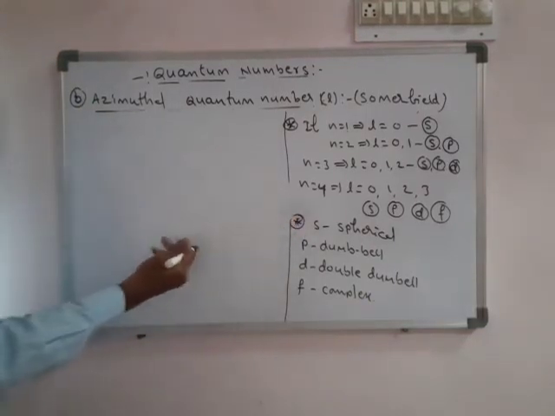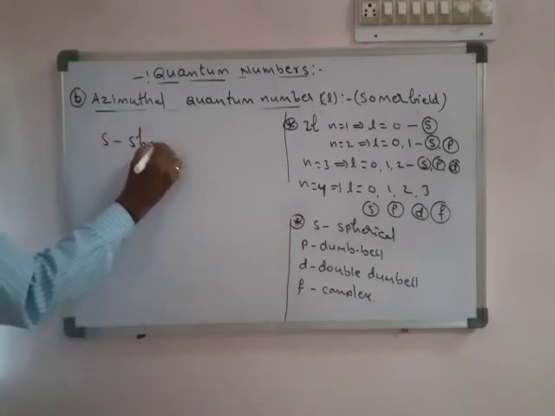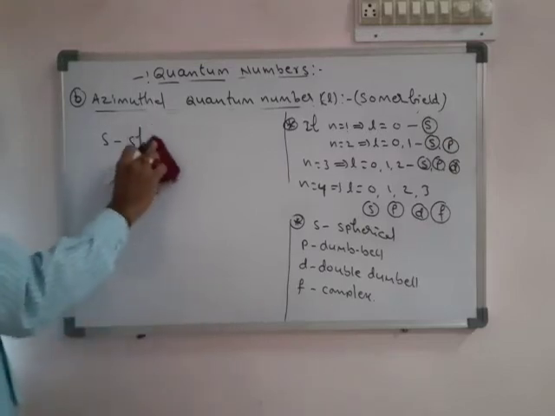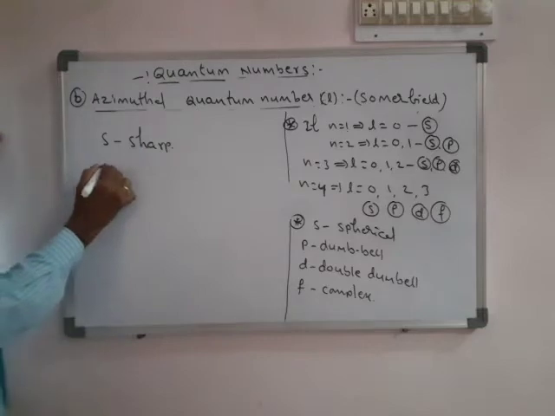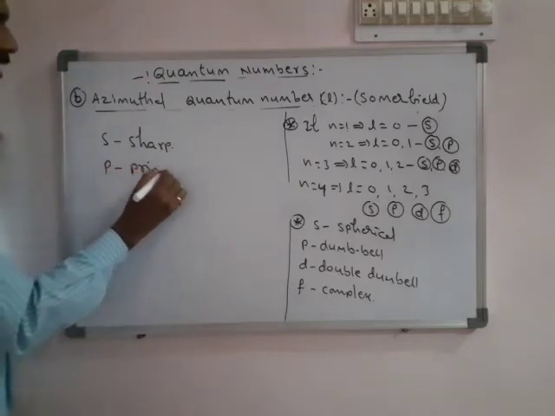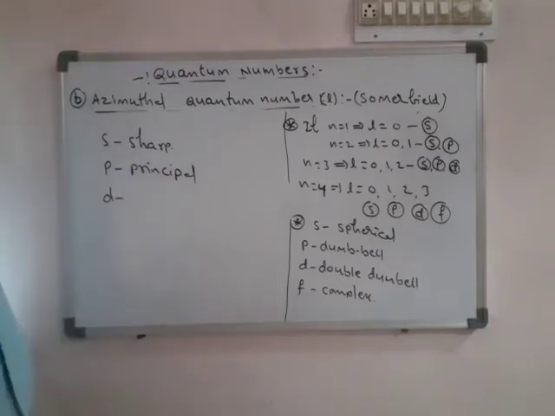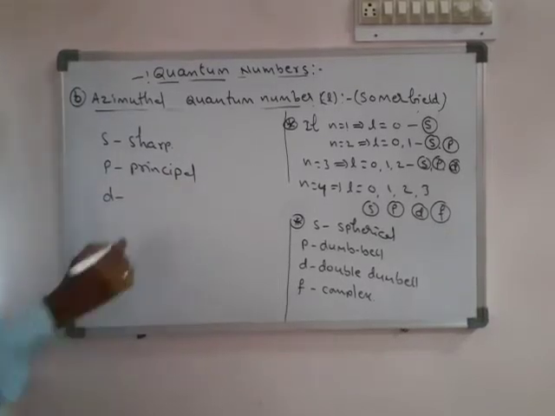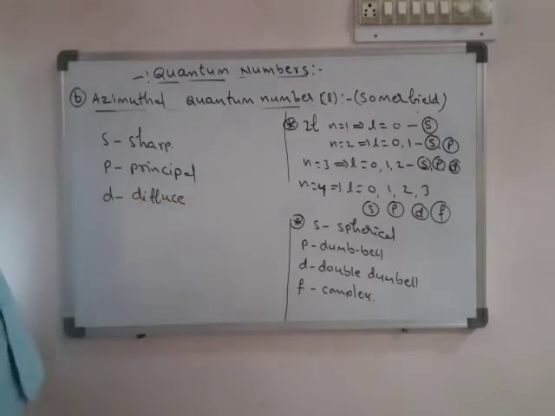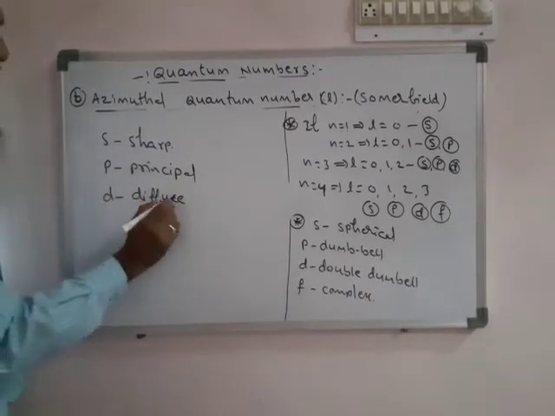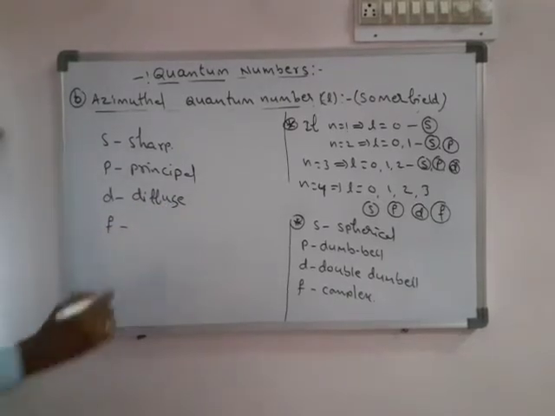Actually, in spectroscopic terms, s means sharp, p generally indicates principal, d indicates diffuse, and f indicates fundamental.